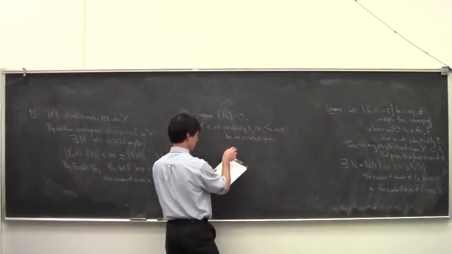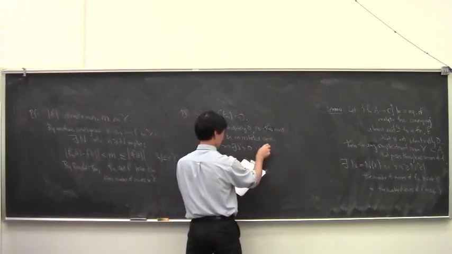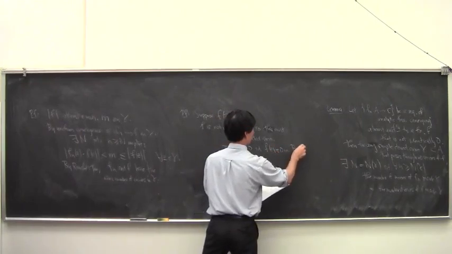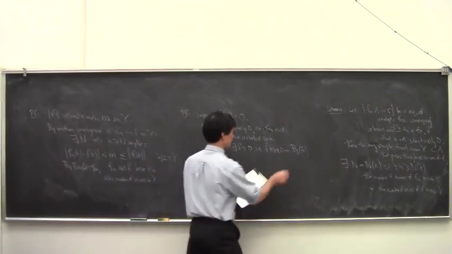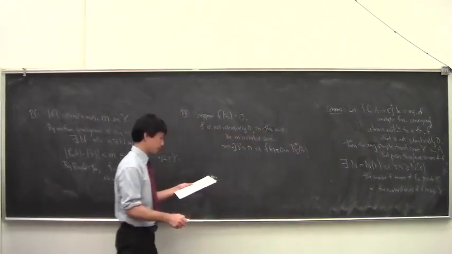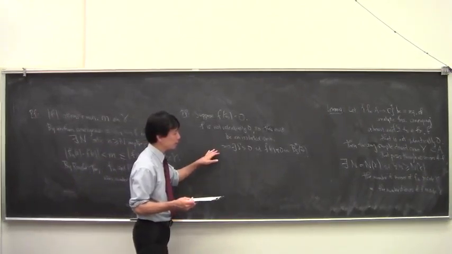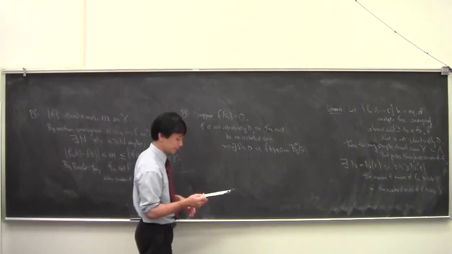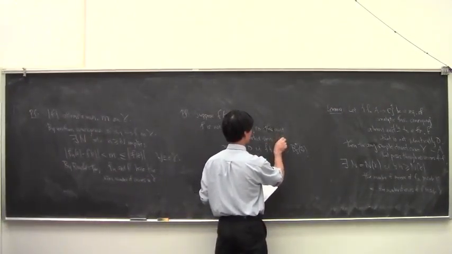That is, there exists delta such that f of z is non-zero inside this punctured ball, except at the center. Let's say it's an isolated zero of order m.